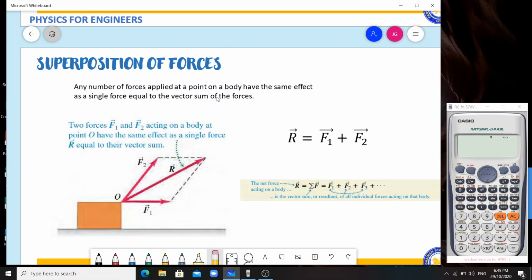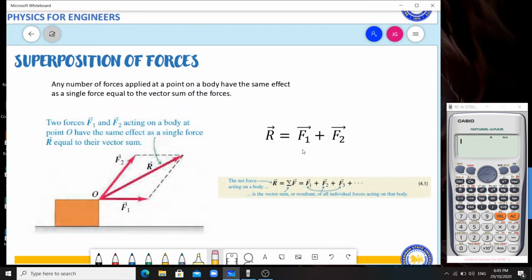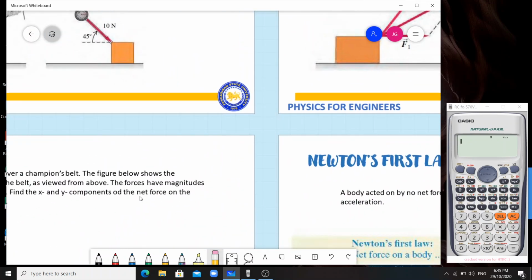Any number of forces applied to a point on a body have the same effect as a single force equal to the vector sum of the forces. So if we get the resultant of all the forces acting on the object, it is equivalent to the resultant force, which is the summation of forces F1, F2, and F3.